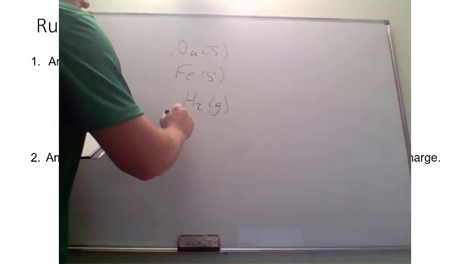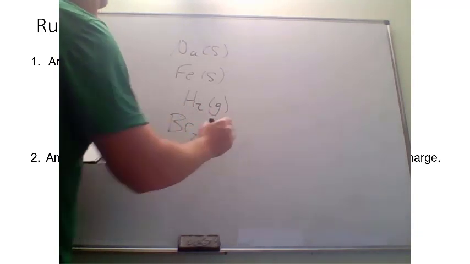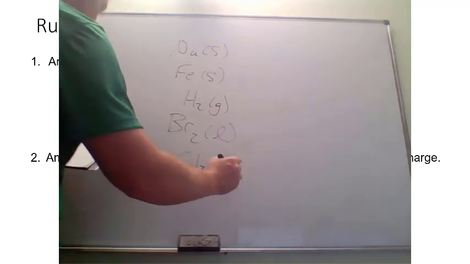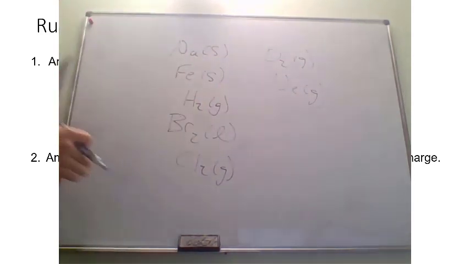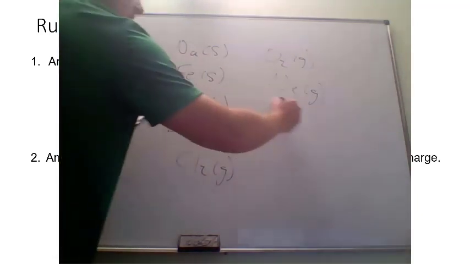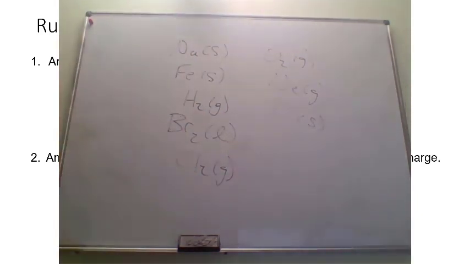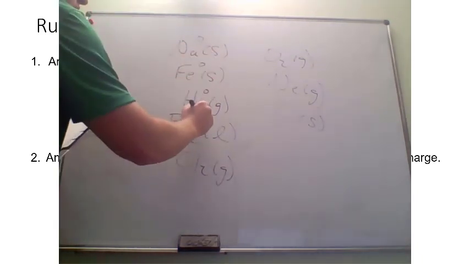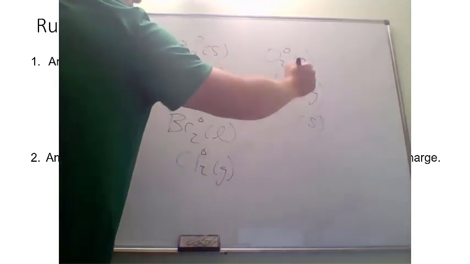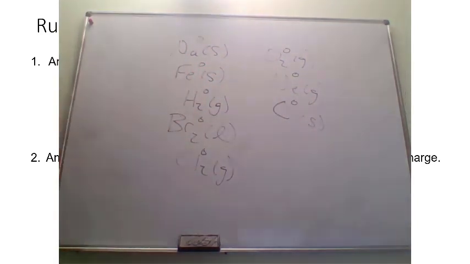We have bromine liquid, Br2, chlorine gas, oxygen gas, neon gas, all of these different elements. If you think of carbon solid, any element that is present in its baseline stable state is going to have an oxidation number of 0. So we can put a superscript 0 above those to indicate their oxidation numbers of 0. What that means is that they're neither electron rich nor electron poor. They are just in their regular ground state.